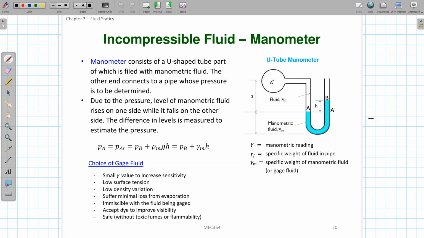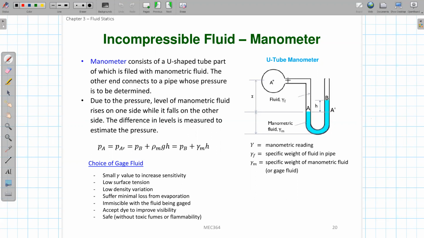In the last class we talked about the barometer, which is only used to measure atmospheric pressure. For the manometer, you can see a picture here: we have a tube connected to the gas or fluid whose pressure you want to measure.